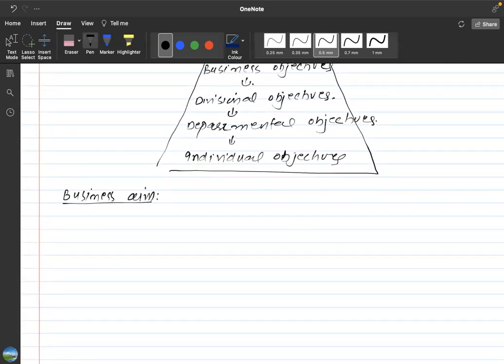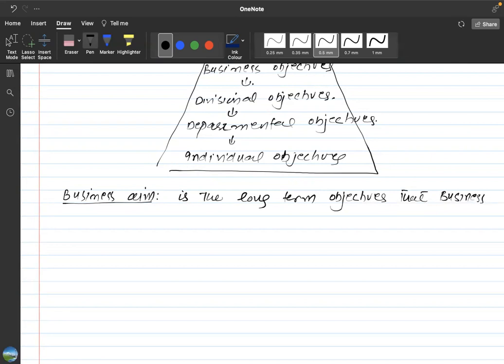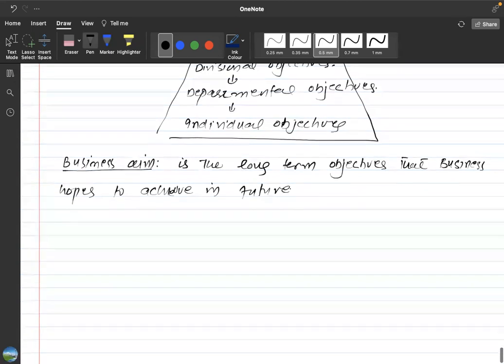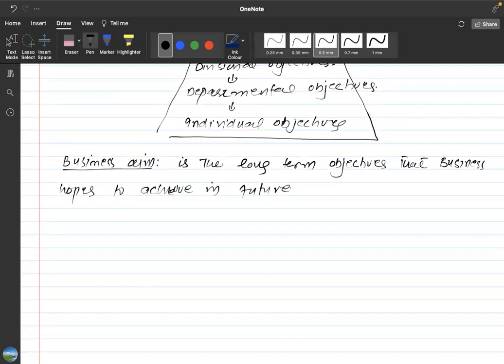Business aim is the long-term objective that a business hopes to achieve in future. On the basis of that, business makes the mission statements. What are the mission statements?